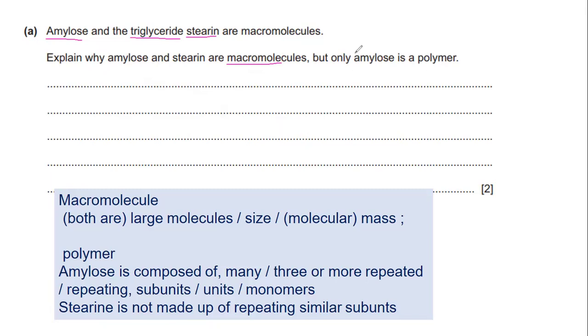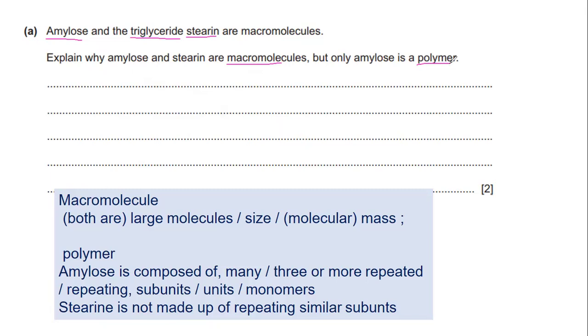But they are telling us that only amylose is a polymer. So we have to give reasons. Why is amylose a polymer? We shall learn about the structure of amylose later. But we have to relate to this term polymer. So you could simply have mentioned, in case you found such a question, that amylose is a polymer because it is made up of many repeating subunits.